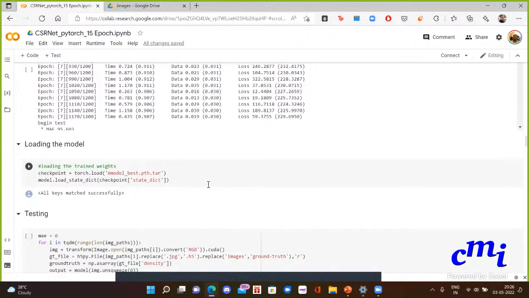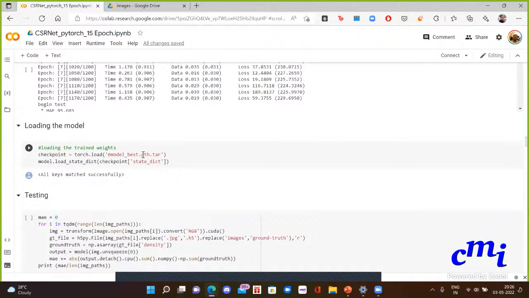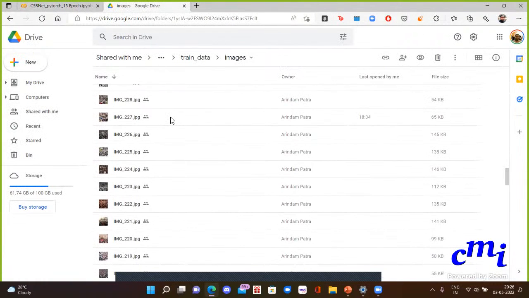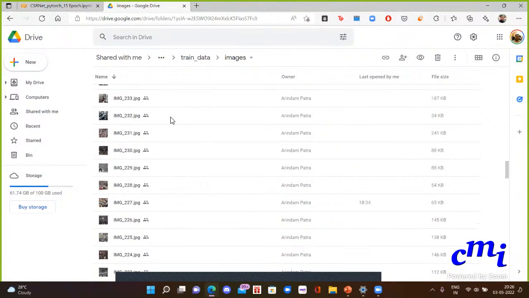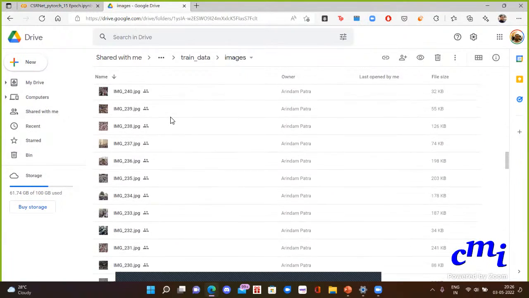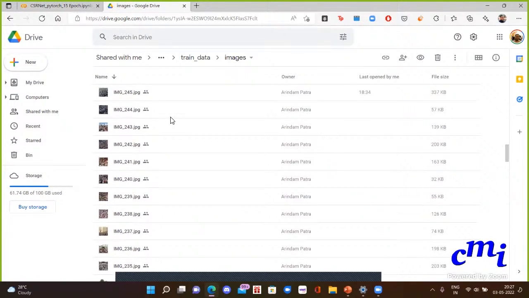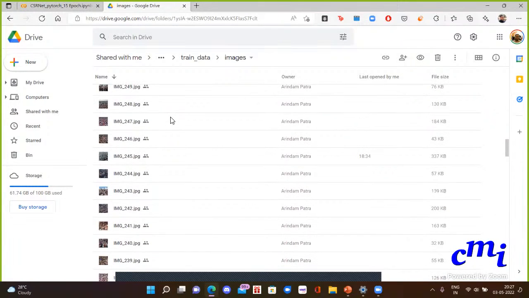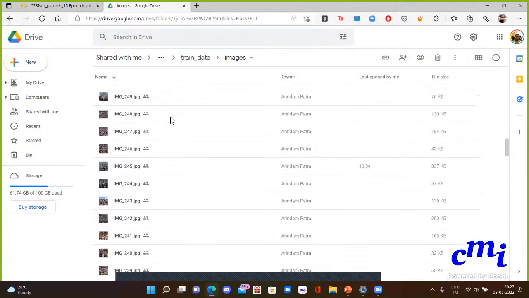After training the model, we got this model. What size are the images? I think there is more information about this data set, right? The Shanghai Tech crowd counting data set, I think this is not part A, this is the whole thing.